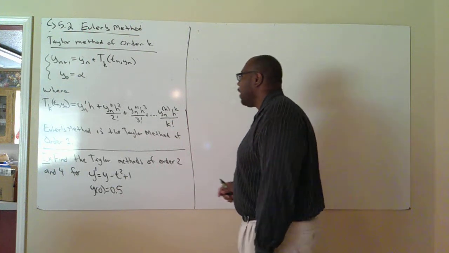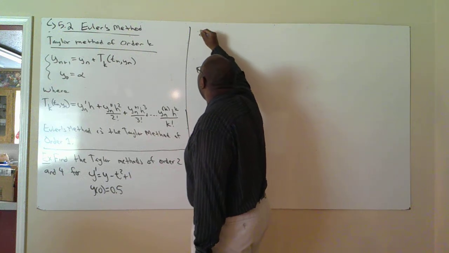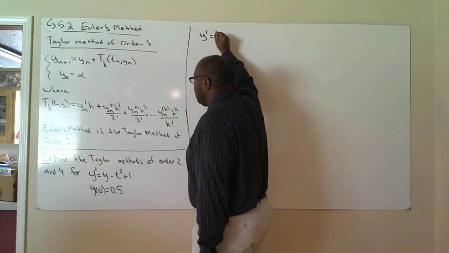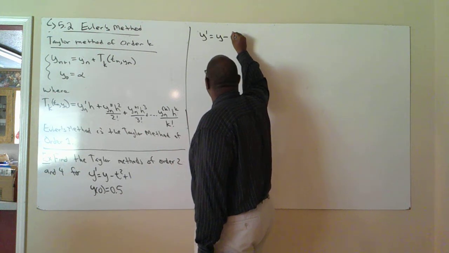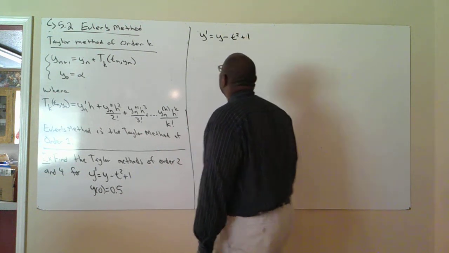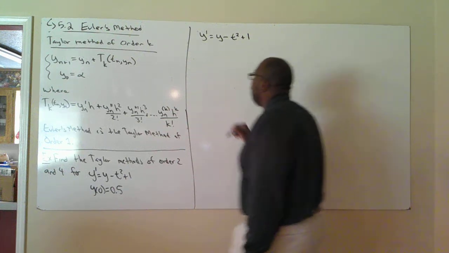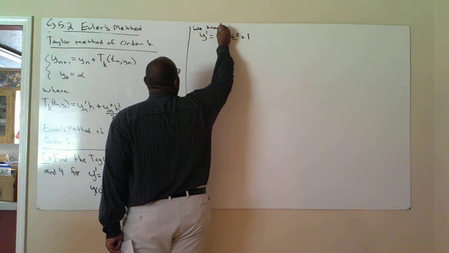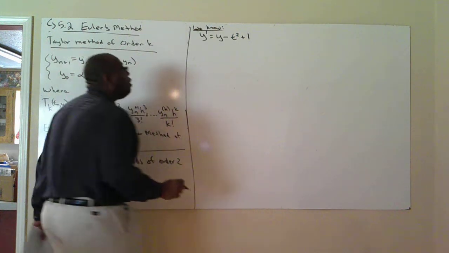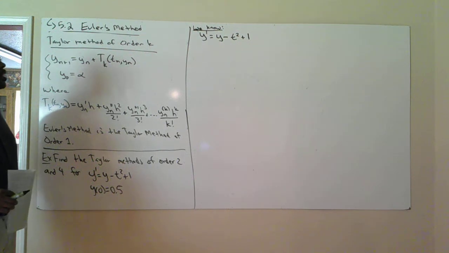We know that y prime is equal to y minus t squared plus 1.